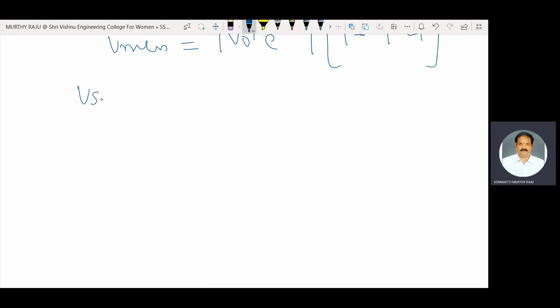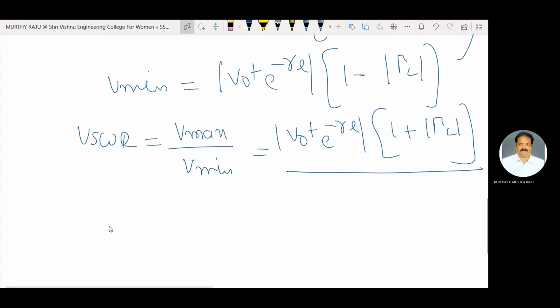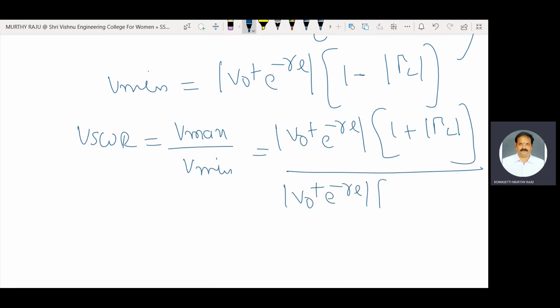Voltage standing wave ratio is equal to V maximum by V minimum. V maximum is mod V0 plus e power minus gamma L into 1 plus mod tau L, by V minimum, mod V0 plus e power minus gamma L into 1 minus mod tau L. These two are cancelled.